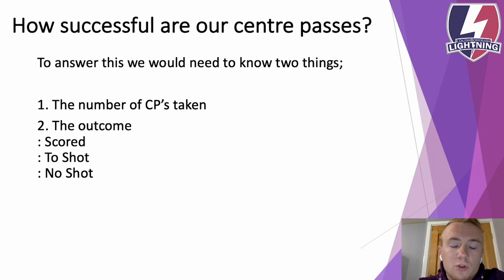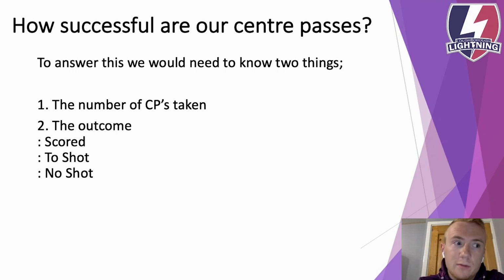Now, it's something I'll come on to talk about in a little more detail later around reliability, but you might be thinking, what do we really define success as? And this is a really tricky question to answer. For some coaches, for some players, a center pass is only successful if it is scored.